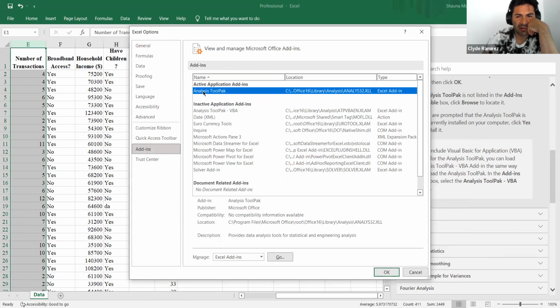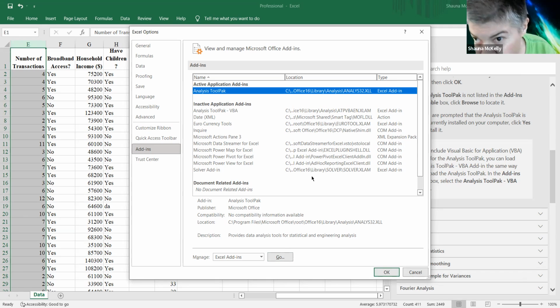Okay, the first top one? Yeah, for me, it's the first top one. And now if it's not active, then you click on it, so it turns blue. And then click go, where it says manage Excel add-ins. Click go. Okay.